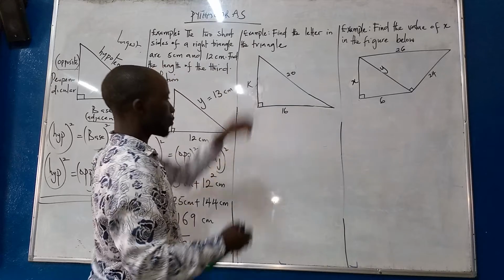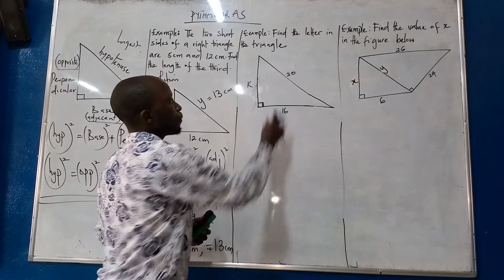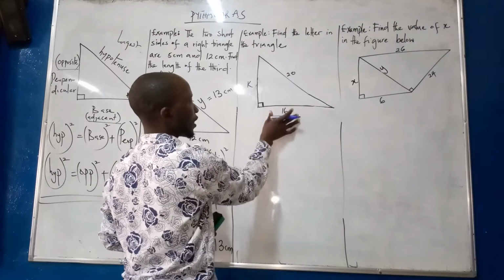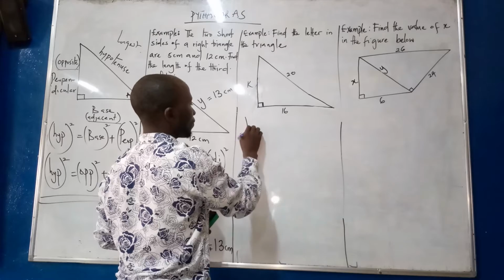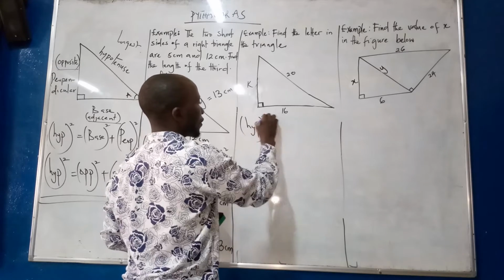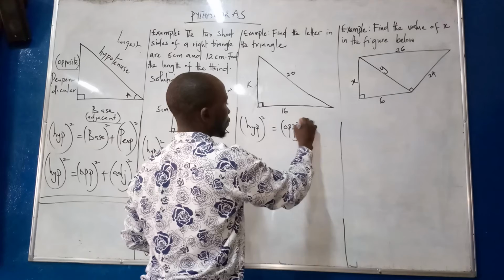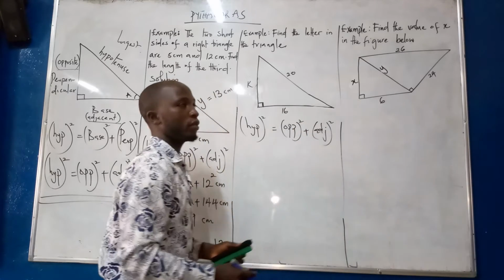Find the letter in this triangle. If you look at this triangle, it is a right angle triangle. Here, the longest side is given, but one of the short sides is not given. Let's follow the theorem: hypotenuse square equals opposite square plus adjacent square.